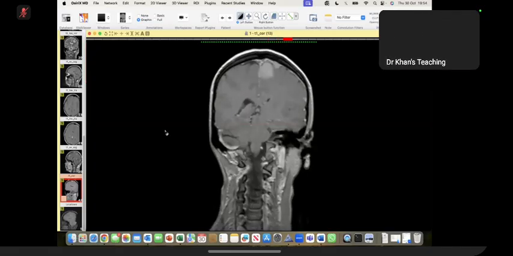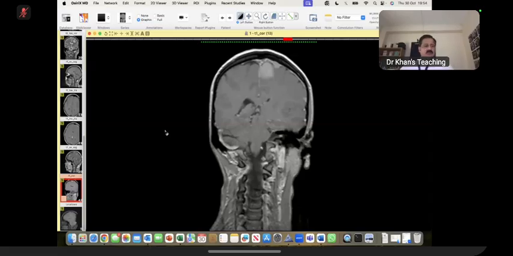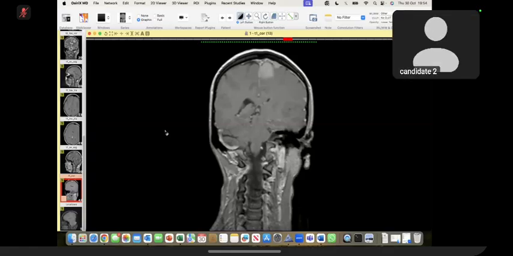So if you are worried about NF2, what is the criteria for NF2? Sir, in NF2 there would be multiple either meningiomas, ependymomas, or schwannomas. I could appreciate all of them to be characteristic of meningiomas.